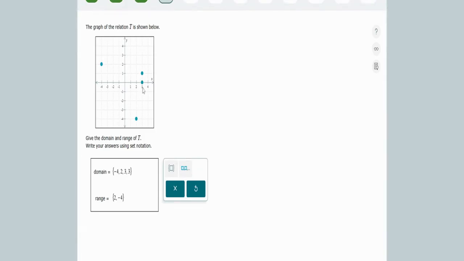Then if I keep going over, these last two, the y value associated with this top one would be 1. And the y value associated with the bottom one, well, it's right on the x-axis, so that would actually be 0. So there's our domain and our range.